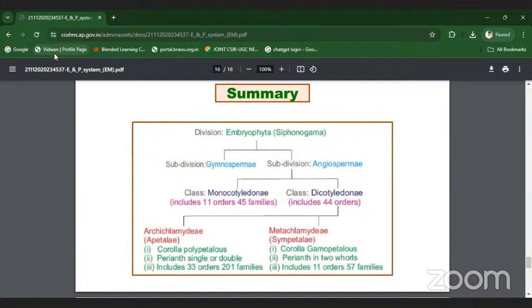Next, embryology in relation to taxonomy. Embryology features mainly take into consideration the anther, pollen grain, ovule, archesporium, megasporogenesis which develops into the embryo sac, mature embryo sac, fertilization, endosperm, embryo, seed coat, and special features.